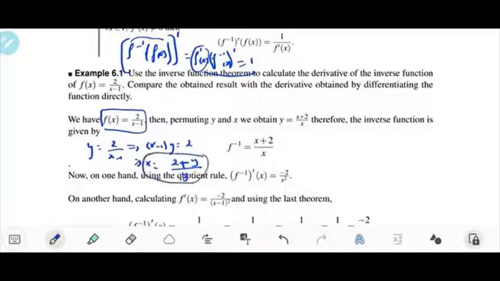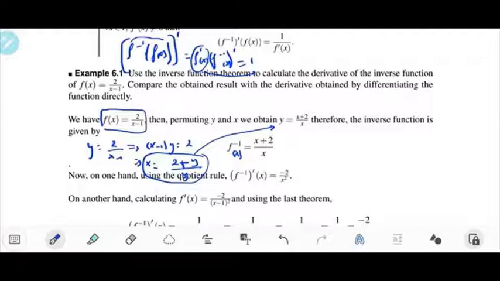Okay, and then you replace x by y and y by x, which will give y equal x plus 2 over x. Then the function f minus 1 of x, it needs x in here, is equal to x plus 2 over x. And this way we calculate the inverse function f minus 1, the expression of f minus 1.